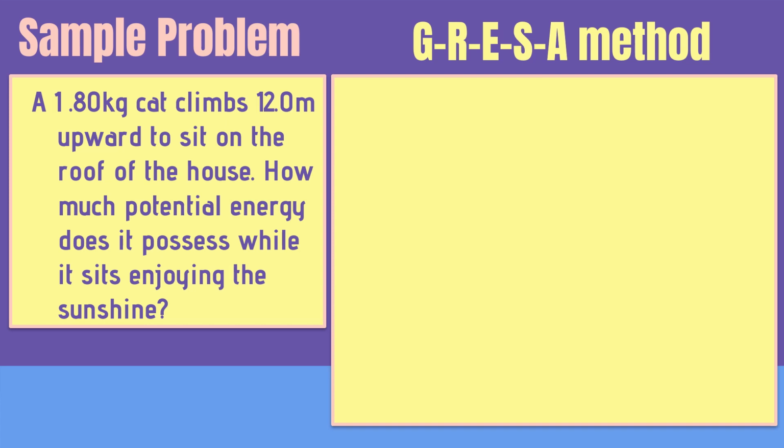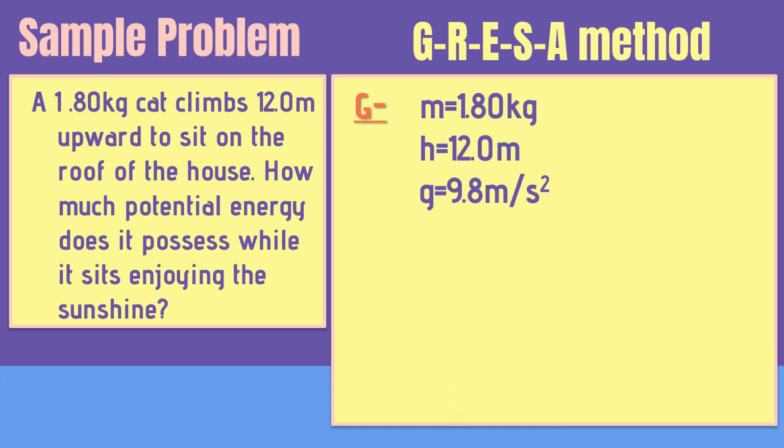The first letter that we should know is the letter G, which stands for given. We're just going to enumerate the given values in the problem. The first given is the mass of 1.80 kilograms. The next one is the height of 12.0 meters. And the last one is the constant value of gravity, which is 9.8 meters per second squared.